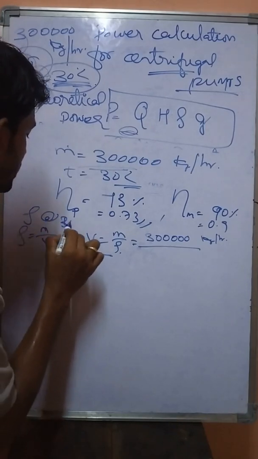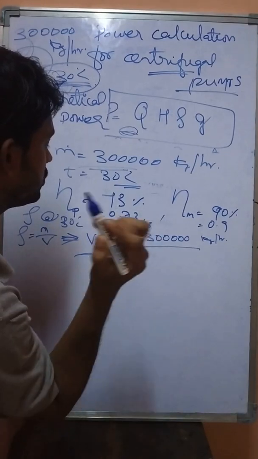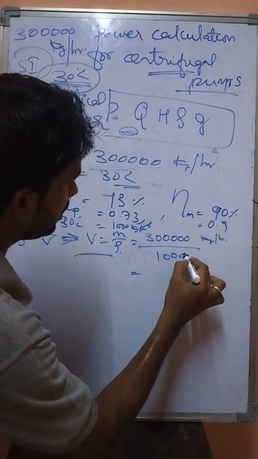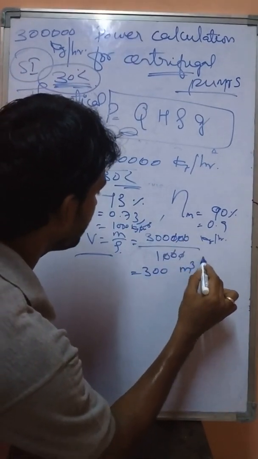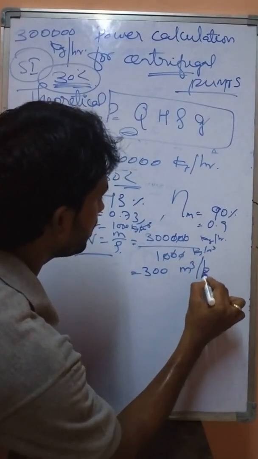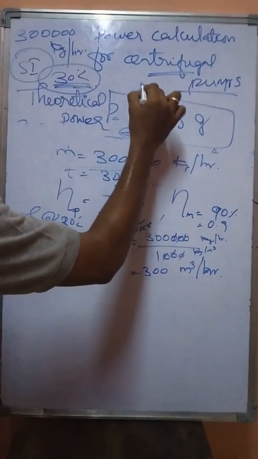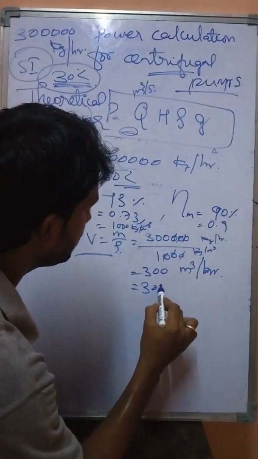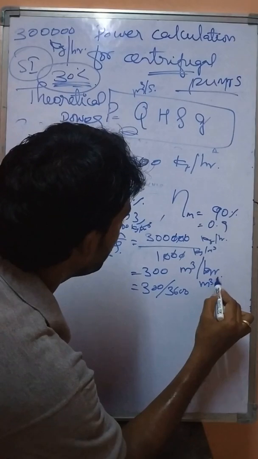At 30 degrees Celsius the density of water is approximately 1000 kg per meter cube, so you just take it as 1000. If you cancel this, it will be around 300 meter cube per hour. In the formula, we need this in meter cube per second, so just convert: 300 divided by 3600. It will give meter cube per second.